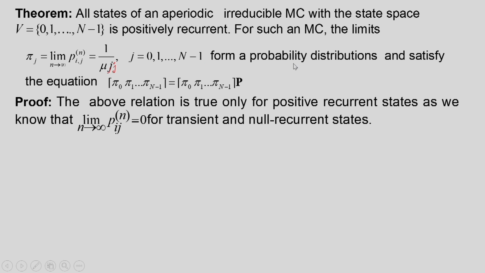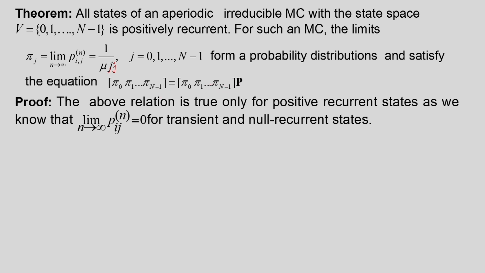It also satisfies the equation: the probability vector pi 0, pi 1 up to pi n minus 1 is equal to pi 0, pi 1 up to pi n minus 1 multiplied by P. That means, at the limiting stage, the state probability vector multiplied by P gives the same vector. This is what we used earlier in the steady state analysis using eigenvalues, where we derived this relationship.